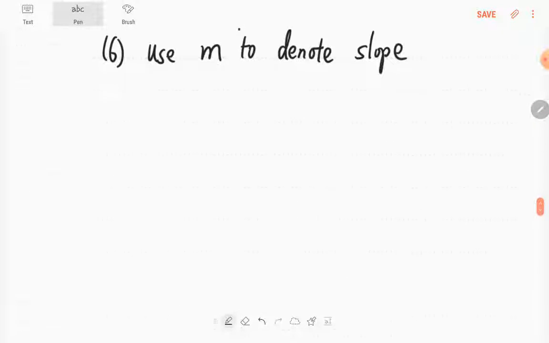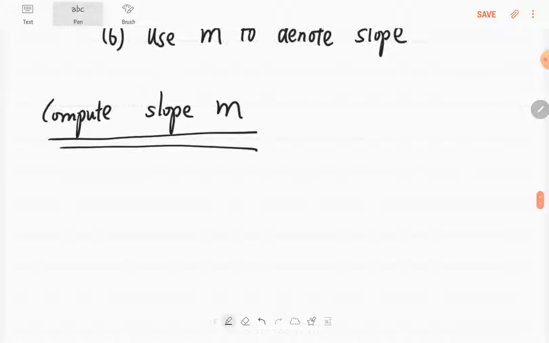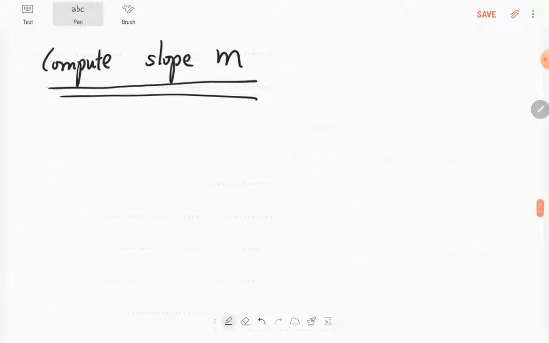The next question is, how can we calculate the slope? We want to compute the slope m. Let's look at this illustration.